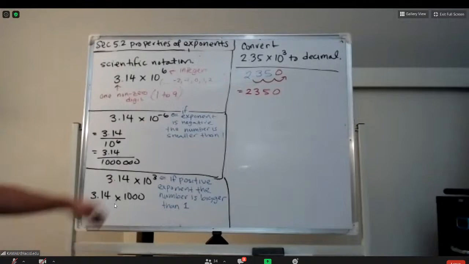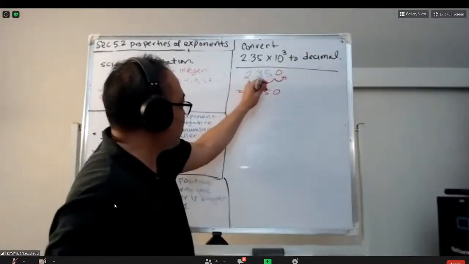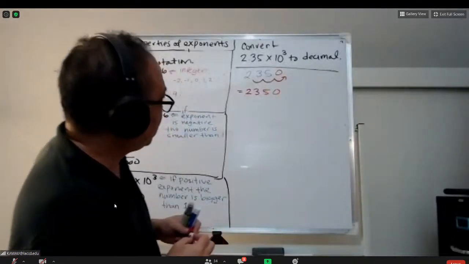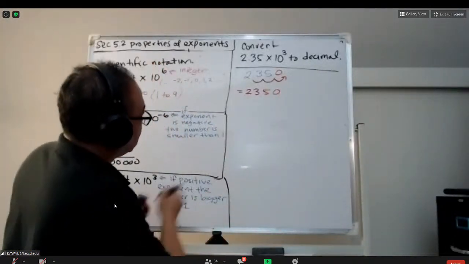Okay. So that positive over here means that we're making this into a bigger number because we're doing a multiplication. So go ahead, try this again.